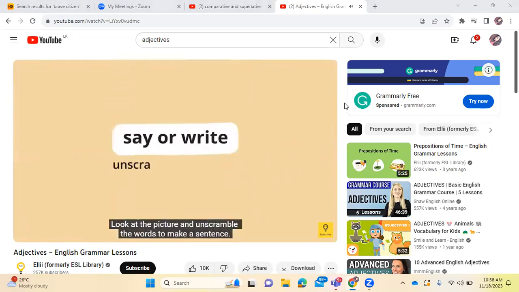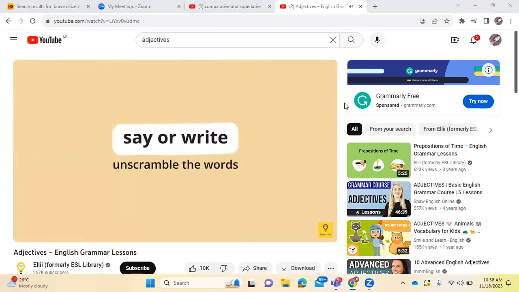Look at the picture and unscramble the words to make a sentence. Say or write the sentence.